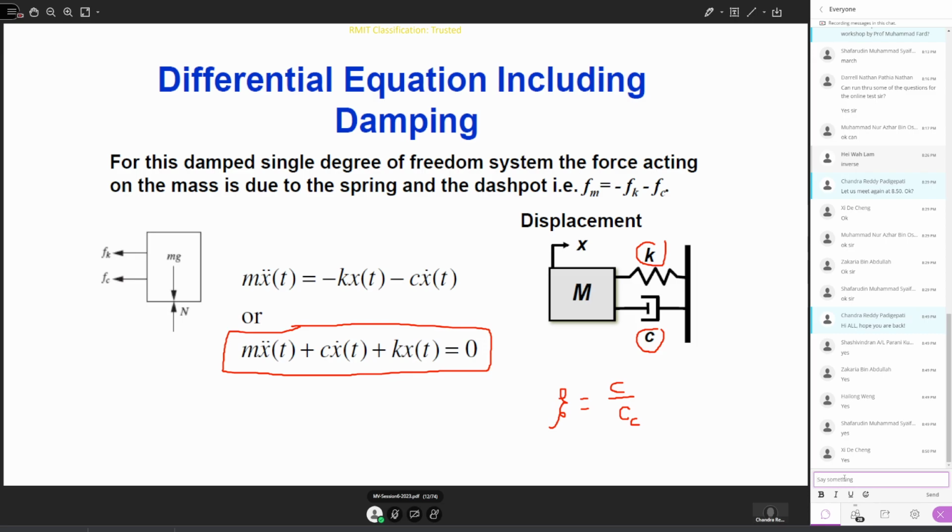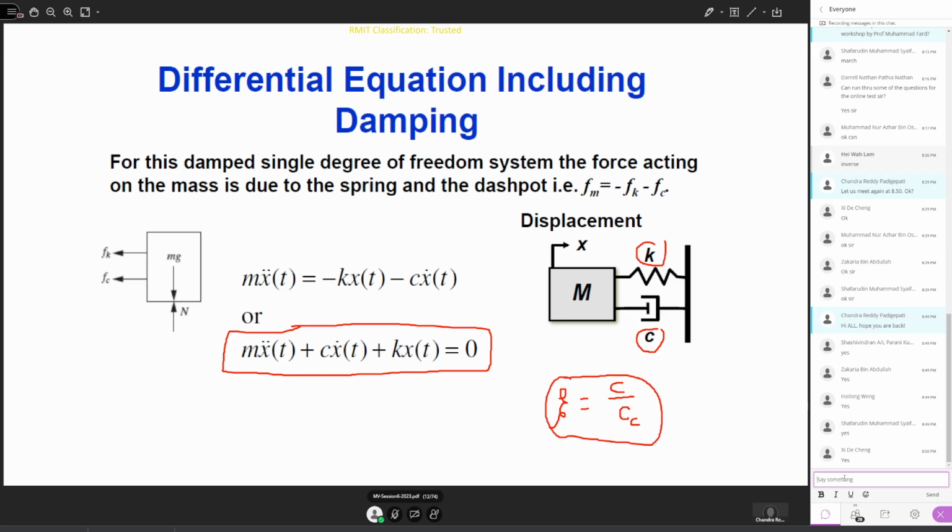Because this damper acts in a way to reduce the vibration, but depending on the damping ratio eta, sometimes the system may not give any vibration at all. That means it is overdamped. Critically damped also there is no vibration. Only in underdamped cases will you have vibration. So we'll study the response of the system in terms of this damping ratio.